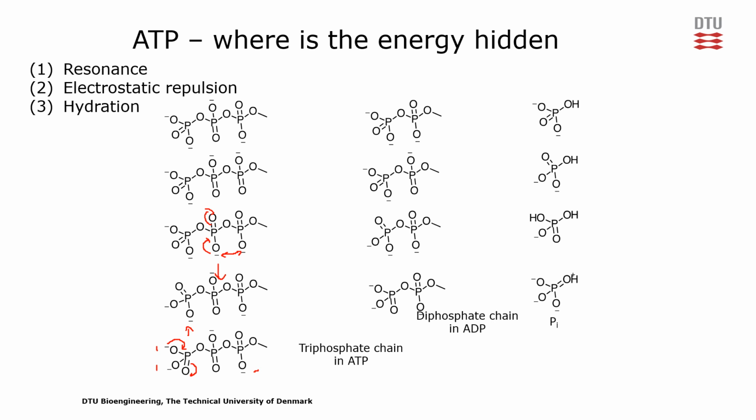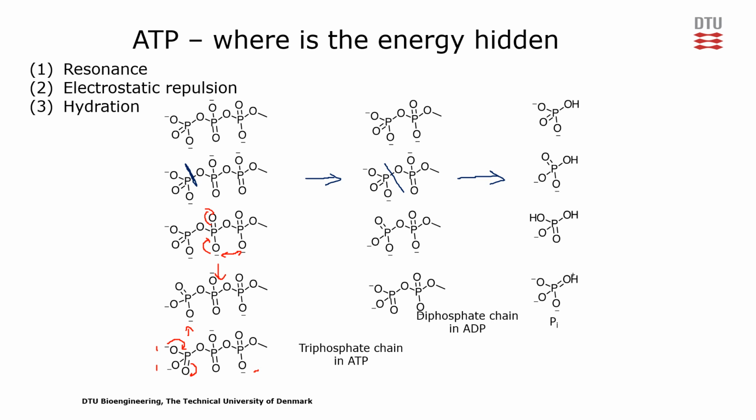Of course, when you cleave by hydrolysis, if you cleave your molecule, let me just get another color. If you cleave here, for example, to give you this diphosphate, well, then you release some of this energy. And the same if you then cleave here and get to this phosphate group, again you release a lot of energy.